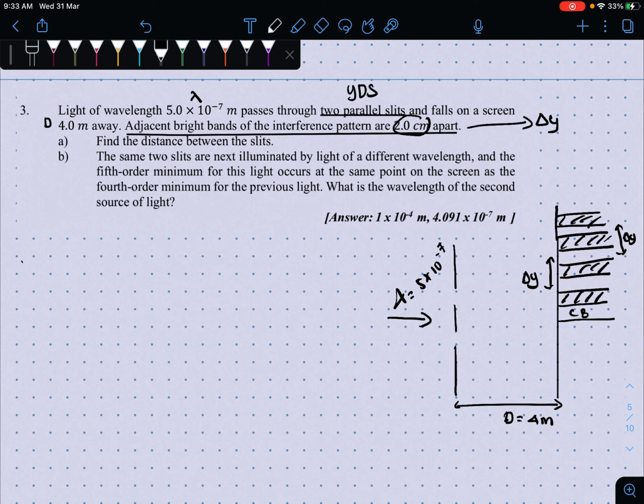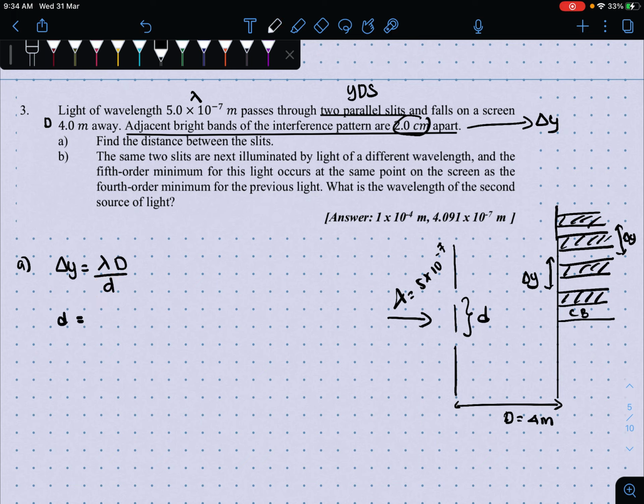Okay, so the first question here is to find the distance between the slits. So what we want here is this distance here, small d. Since delta y is given, we are going to use the equation of delta y equals lambda D over small d, to find my small d. As delta y is given, lambda is given, and capital D is also given, I can easily find my small d.